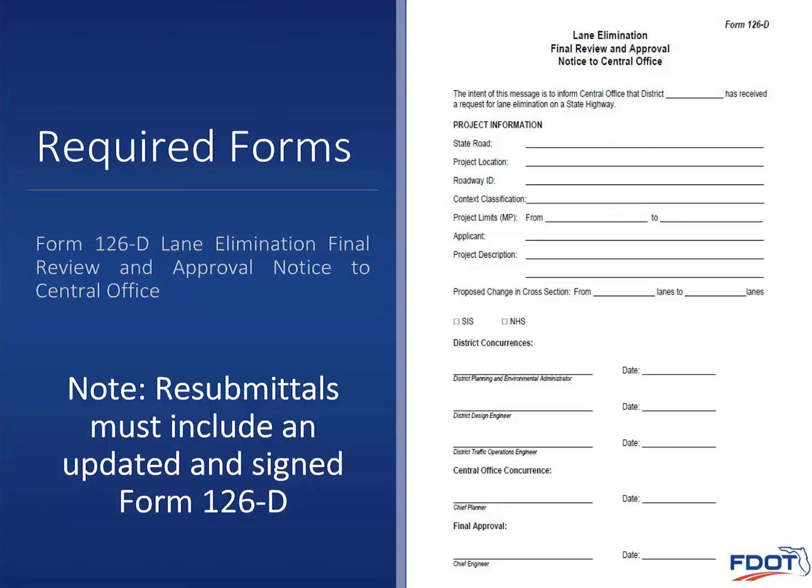And this one, of course, also requires concurrence signatures by the district. If approved, the Chief Engineer will sign the approved document. Now, I must note that all resubmittals must include an updated and signed Form 126D along with the updated document.